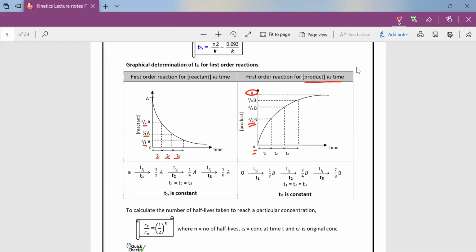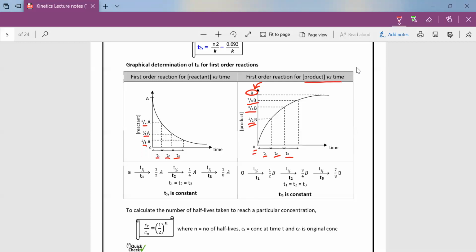You can work out this final amount through your balanced equation. So half, and it takes a certain amount of time, and then to get to 3/4, again a certain amount of time, and to get to 7/8, a certain amount of time.